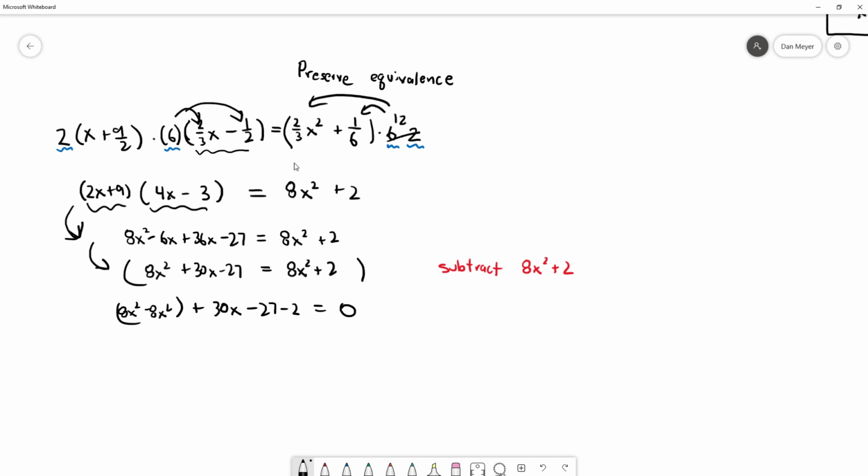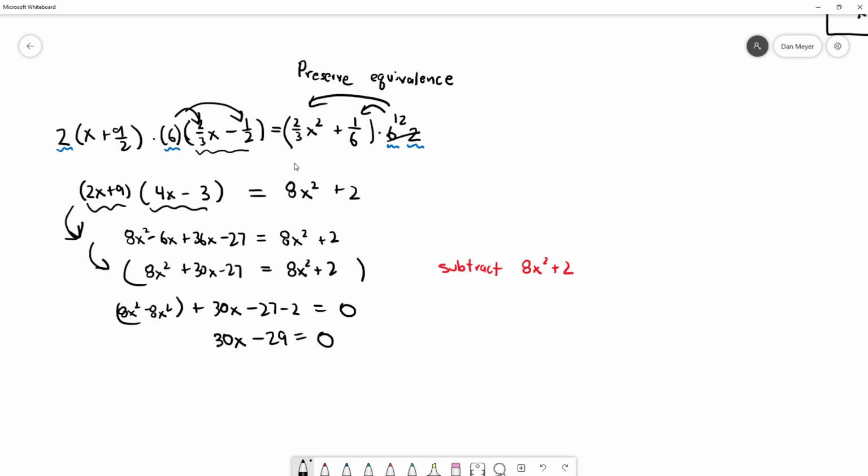When I subtract 8x squared plus 2 from both sides, you can add or subtract on both sides of an equation the same expression, even if you add or subtract 0, that's fine too. You can add or subtract any number from both sides of an equation and get an equivalent equation. And when I simplify by combining like terms, I get 0x squared plus 30x minus 29 is equal to 0.